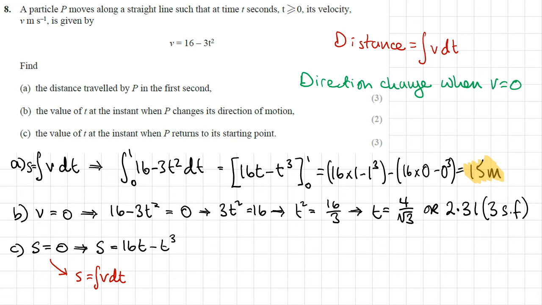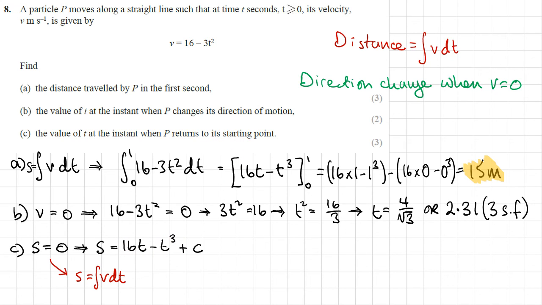Now, when we integrate without limits, there is a constant of integration here. We can work out what the value of c is, because when t is 0, s is 0. I think I am safe in assuming that this particle starts at the 0 position, because it does talk about returning to its starting point.